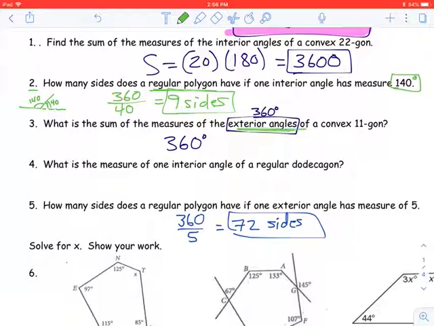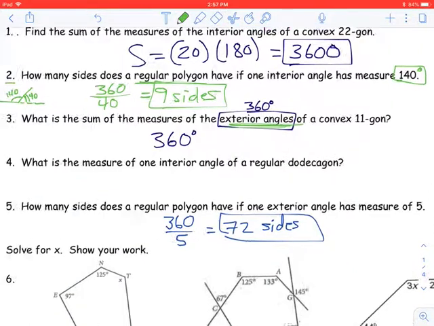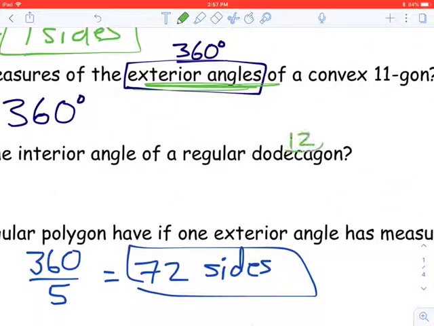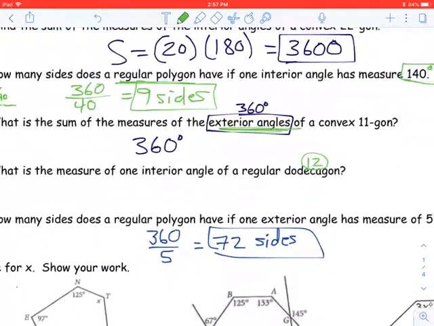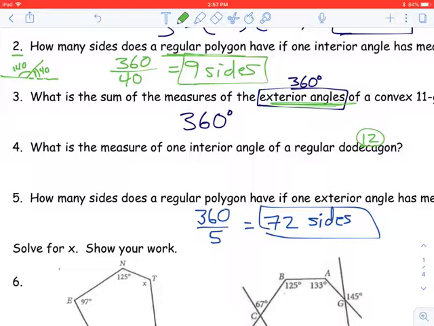And something to keep in mind with dodecagon, you can always Google. I think it's a 20-sided figure, but that is just my guess. Oh, it's a 12-gon. Okay, so this means there's 12 sides.